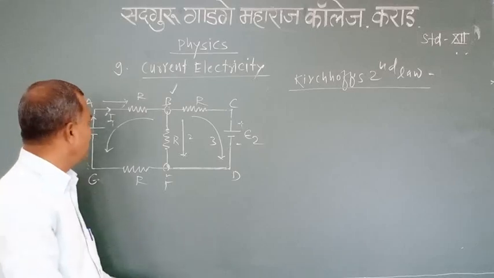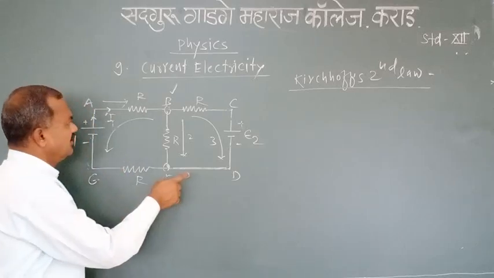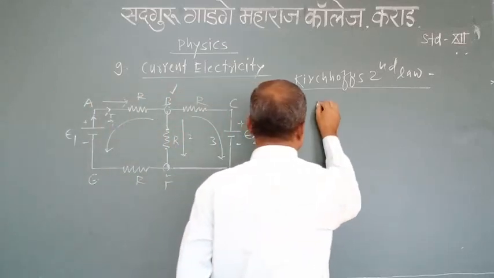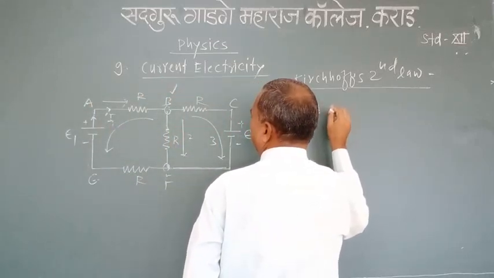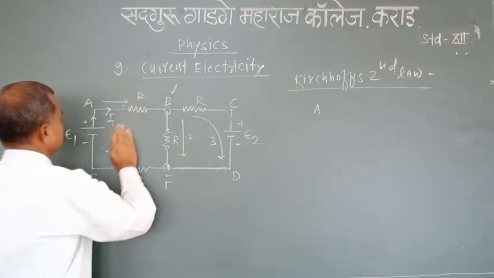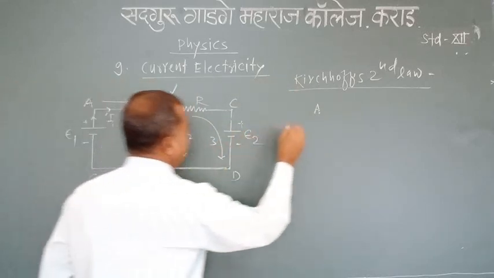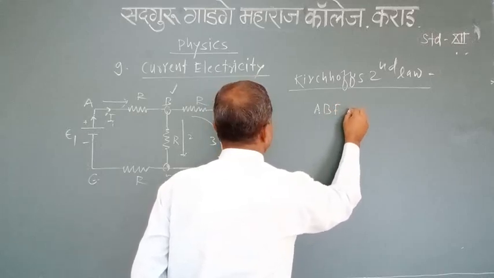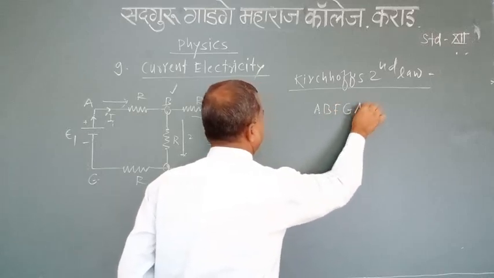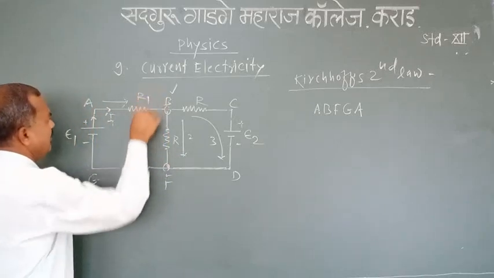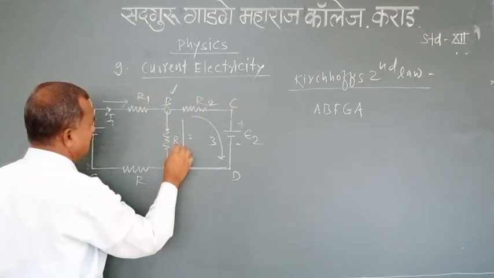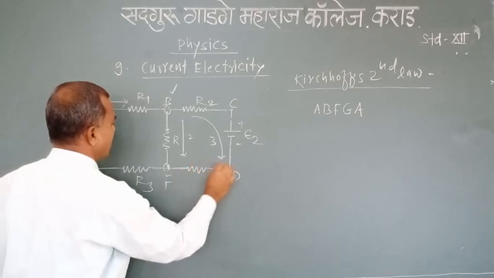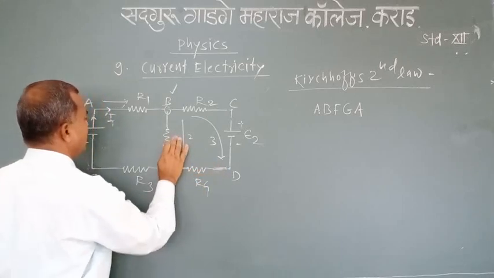network. For that, consider this electric network. Consider one closed loop like this: A, B, F, G, A. Suppose this is resistance R1, this is resistance R2, this is resistance R3, this is another resistance R4, and this is resistance R5.